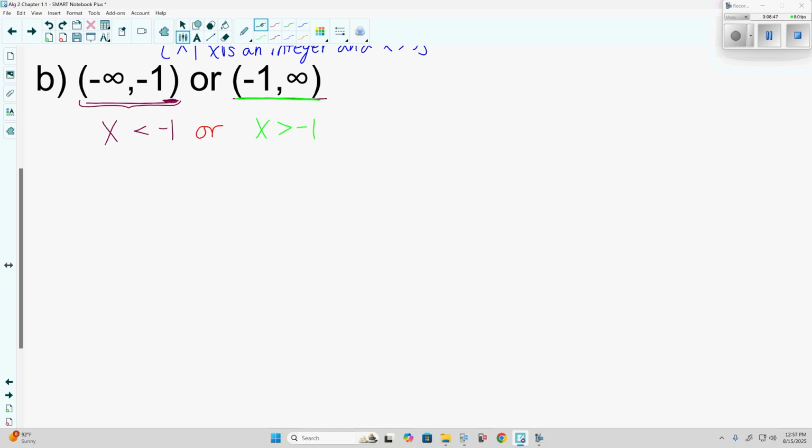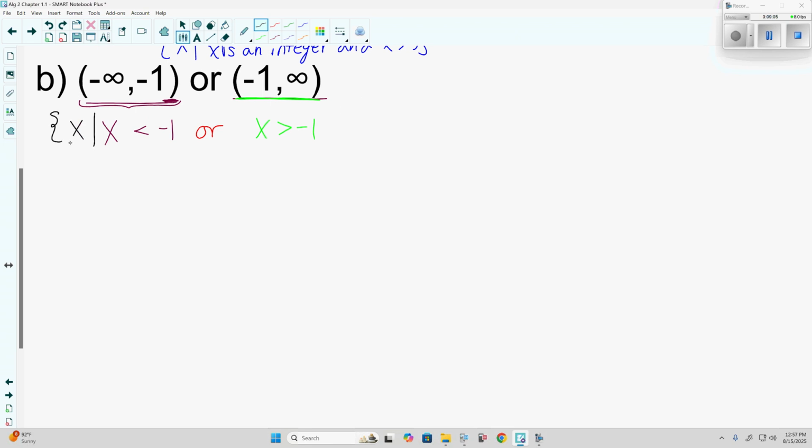So we feel comfortable with how we got the inequalities, yes? Now all we're missing is the set builder notation, yes? Well, we have the inequality already written, yes? This is our description, and it's everything that comes after the bar, yes?